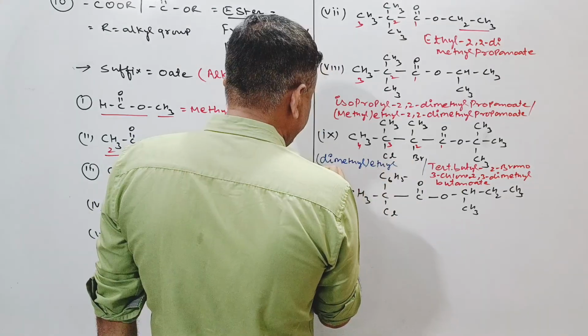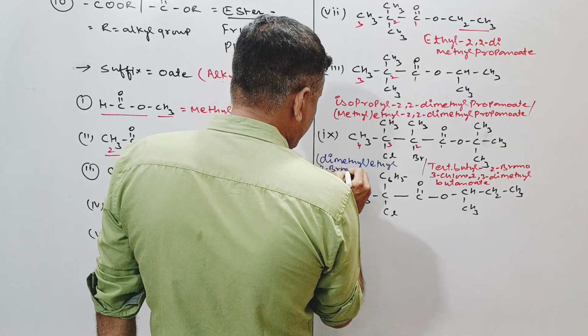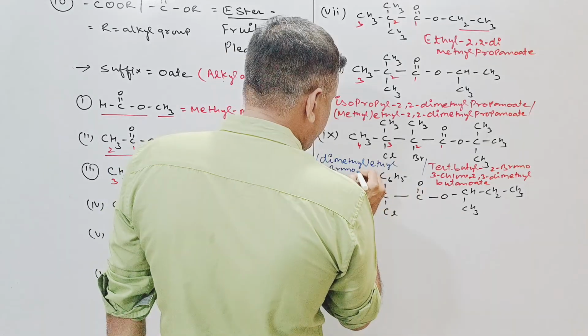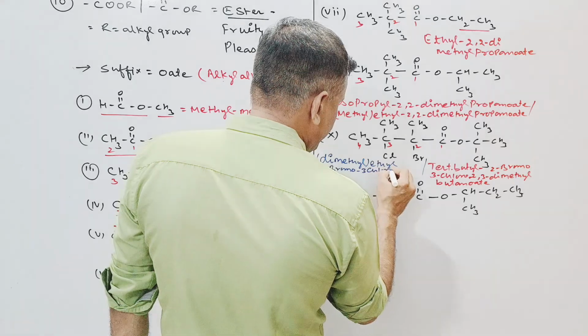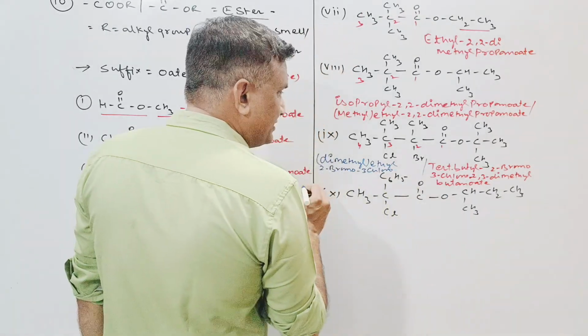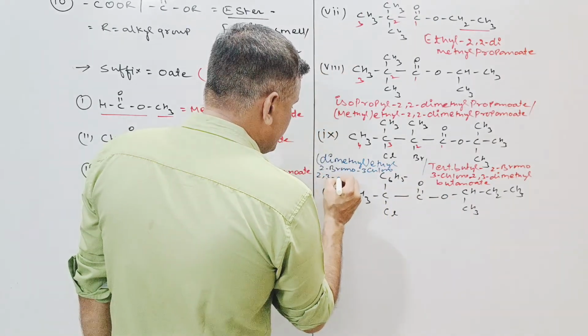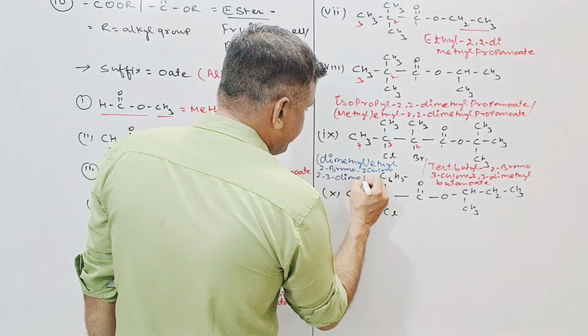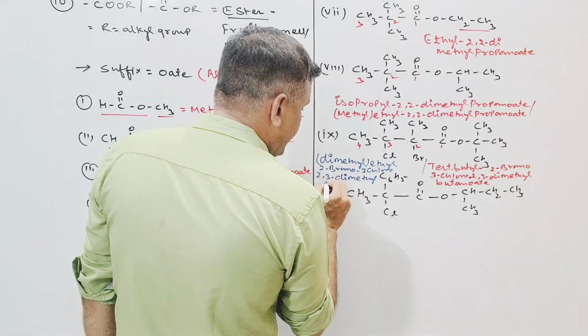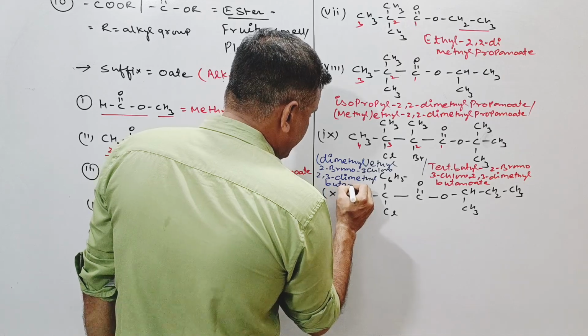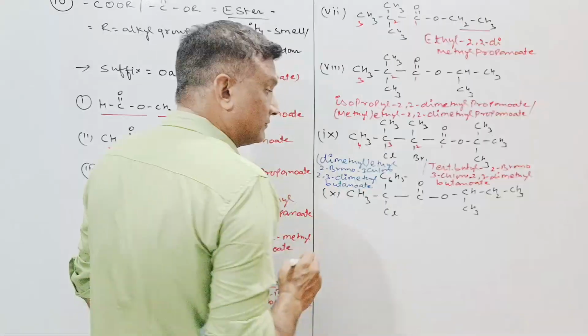Further 2-bromo. This is the 3-chloro. And this is your 2,3-dimethyl. Butanoate will be the name of compound.